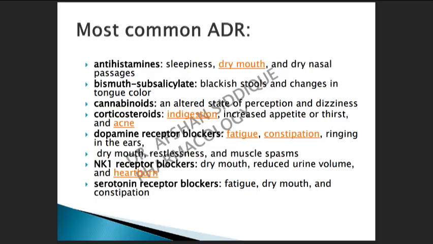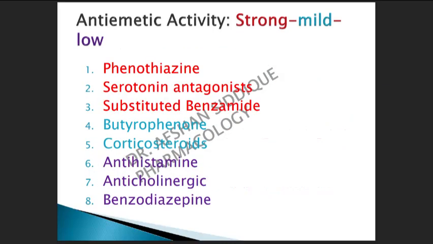If you check the Lippincott book, they have given antiemetic activity on the basis of strong, mild and low. They have categorized the different classes of compounds according to their strong activity to control emesis, mild activity and low activity.